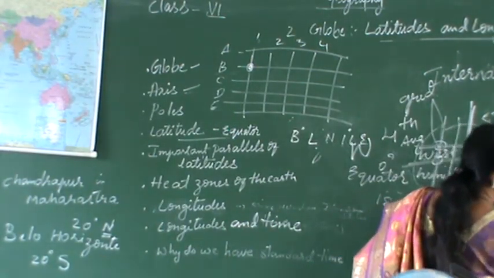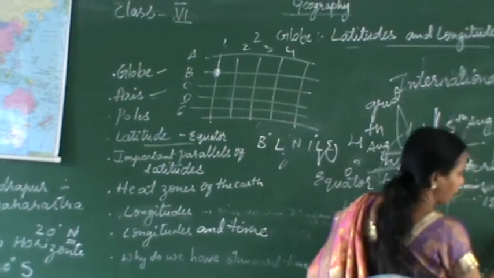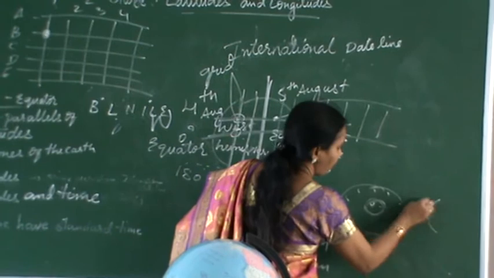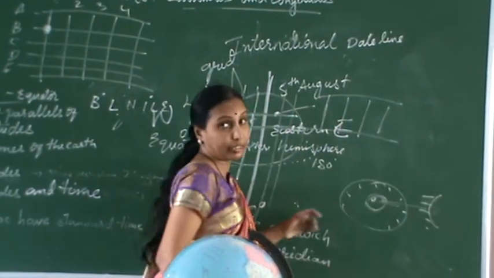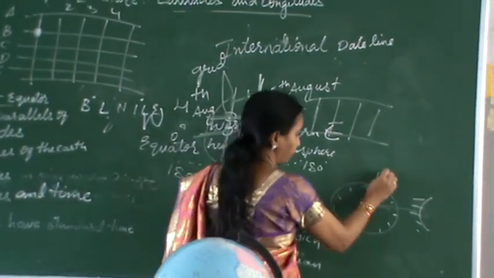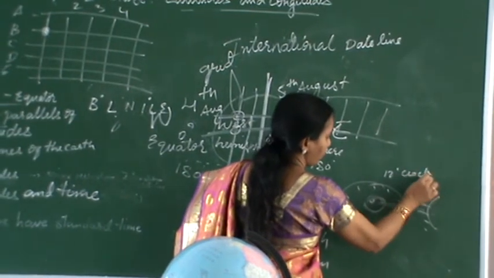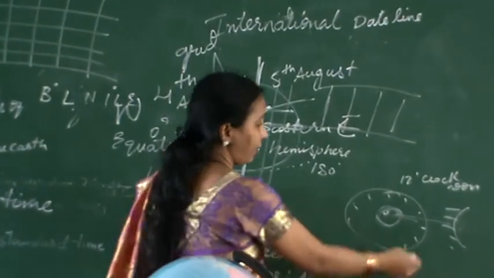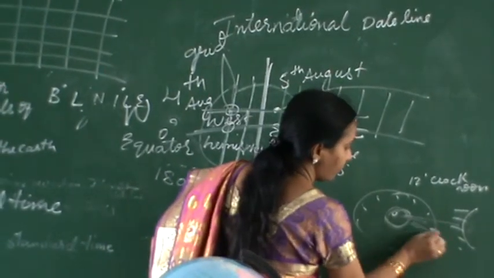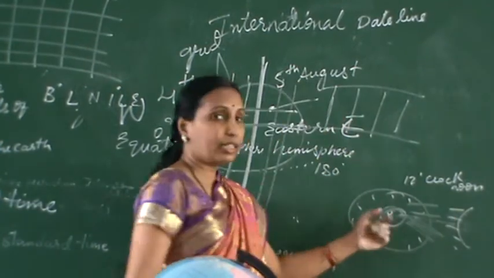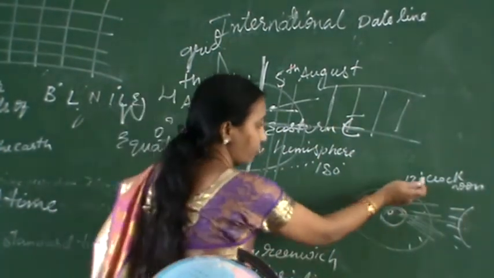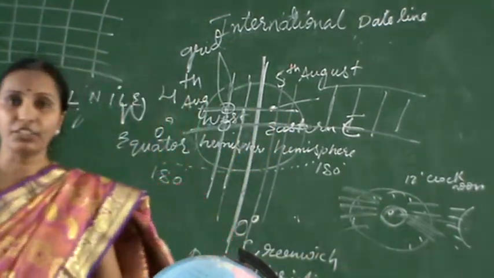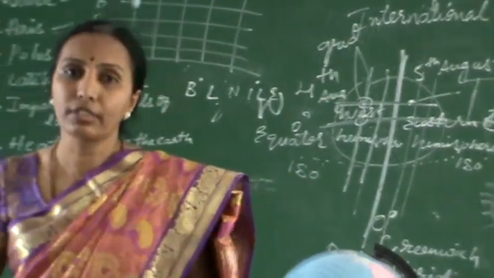Suppose the shadow is smallest when the sun is overhead at noon, at 12 o'clock. When the sun rises, the shadow will be long on this part, and during the sunset after noon, the shadow will be on this side. With the help of these shadows, they used to calculate the time.